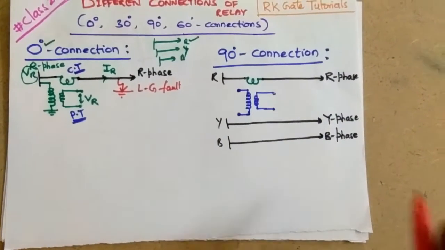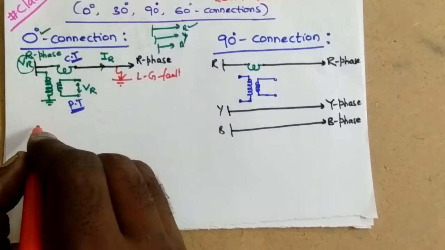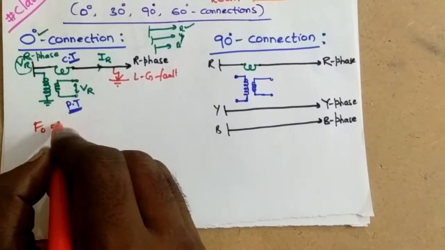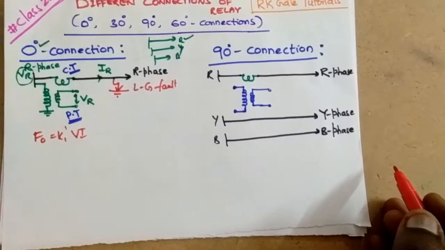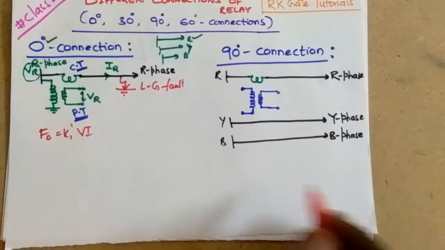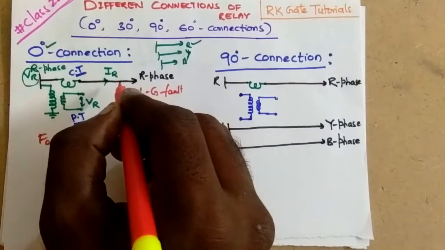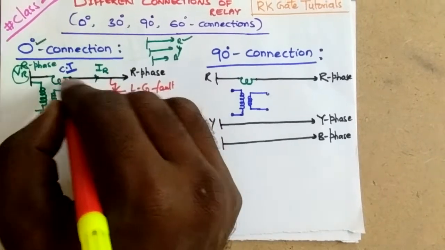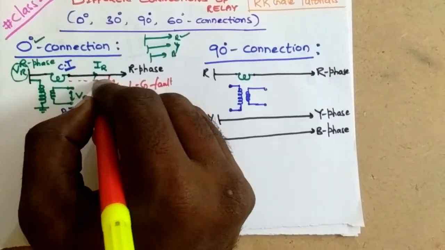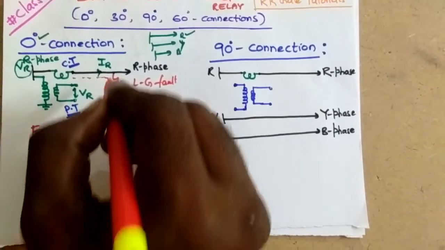We knew that F naught is equal to K1 dash into Vi from the previous class. What happens when the line to ground fault occurs? This is the path for the fault current to flow.